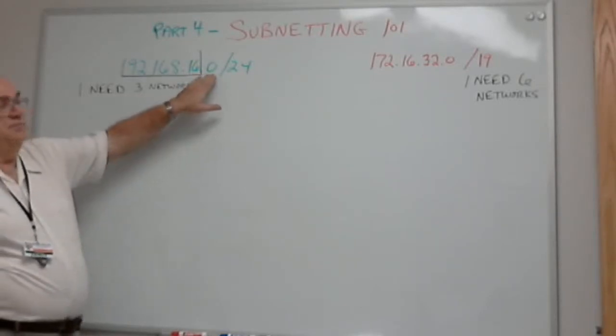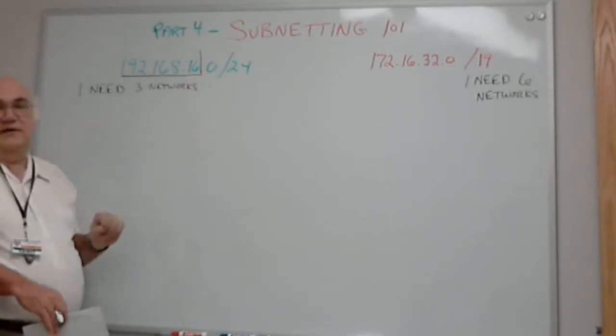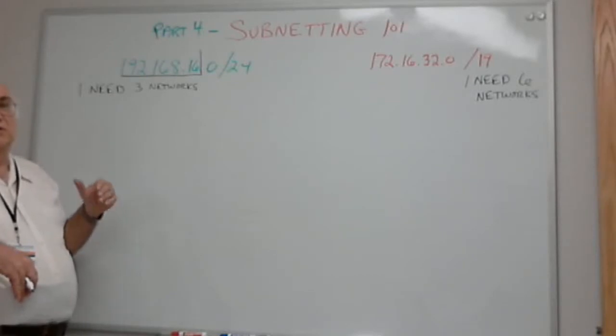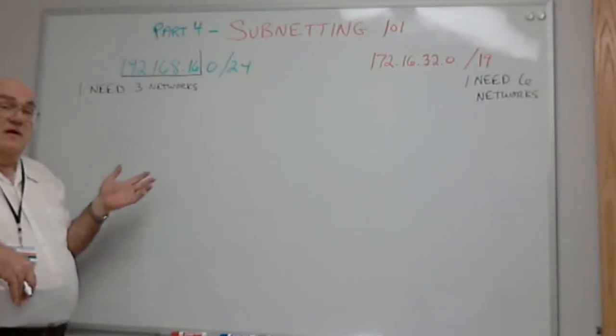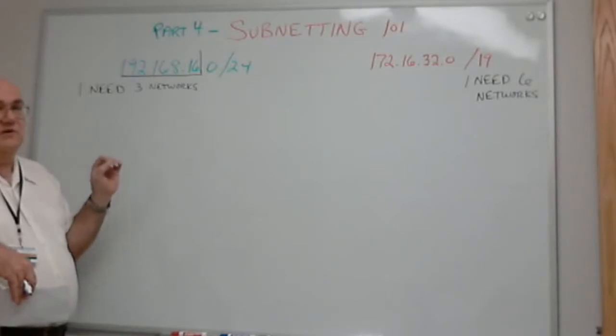Now, I need 3 different networks. So how many of those bits am I going to have to steal in order to get 3 different networks? Take a minute, go back to your chart, look at the formula for finding the number of networks. The number of networks is 2 to some power, the power being the number of bits I'm going to take.